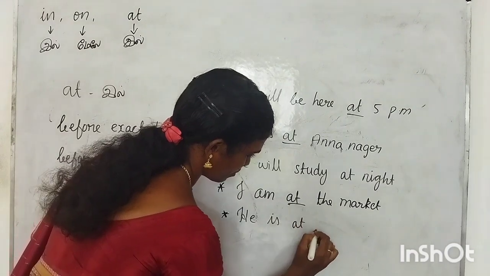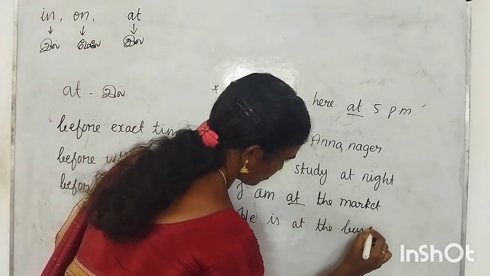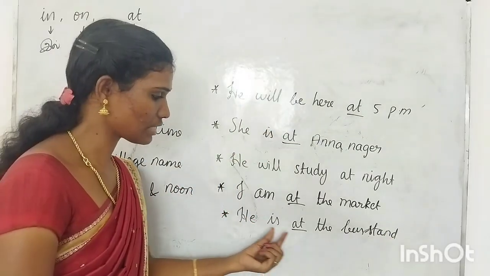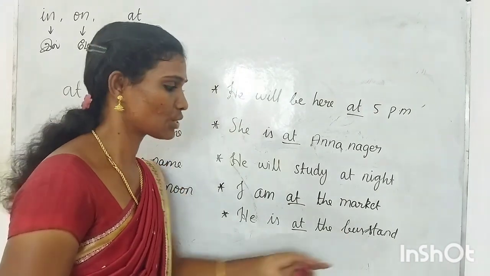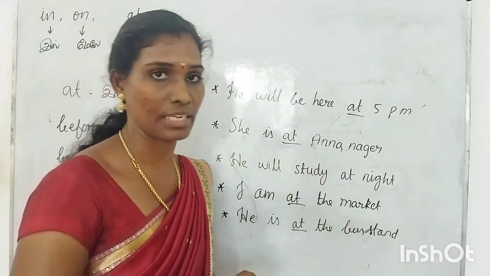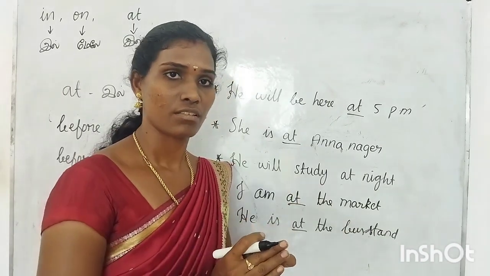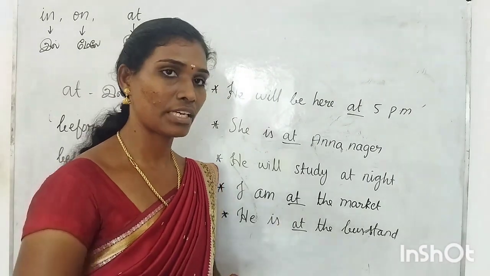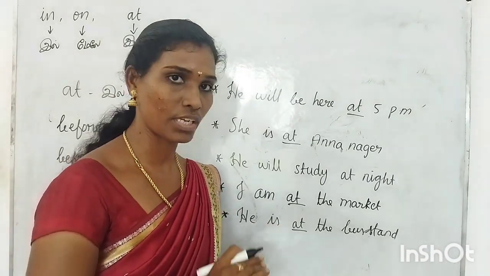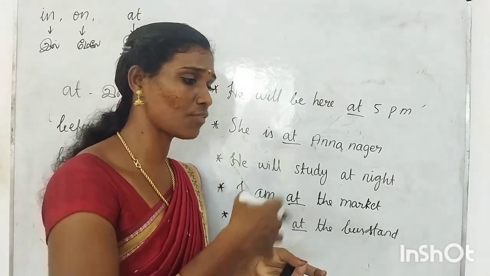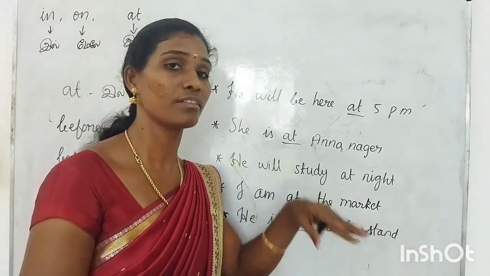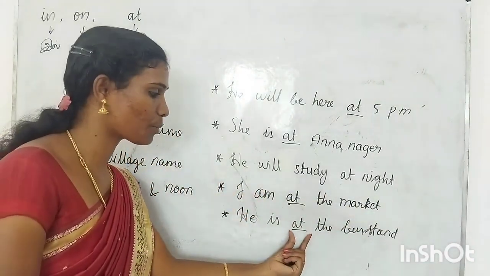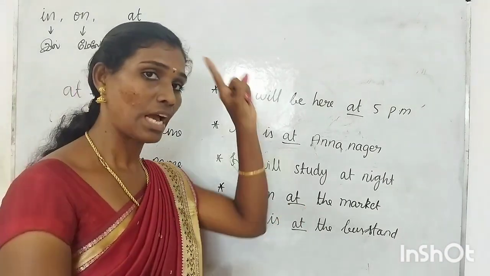He is at the bus stand. Wherever we are exactly: I am at the office, I am at the classroom, I am at my auntie's house, I am at the market. Wherever the surrounding place is, where we are and where they are, when we mention that place, we use the preposition at. He is at the upstairs.